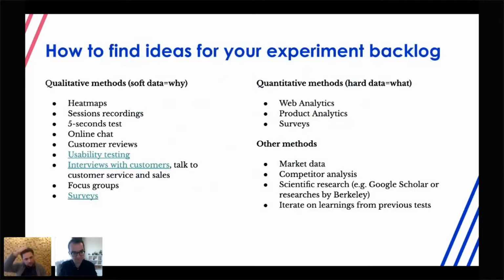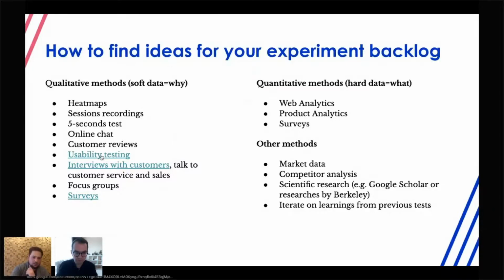So I know that we are running out of time, but let me just quickly go through the rest of the slides, because I will share this presentation with you afterwards, and you can find a way to qualitatively and quantitatively analyze your business, and how to generate ideas through an experiment backlog.